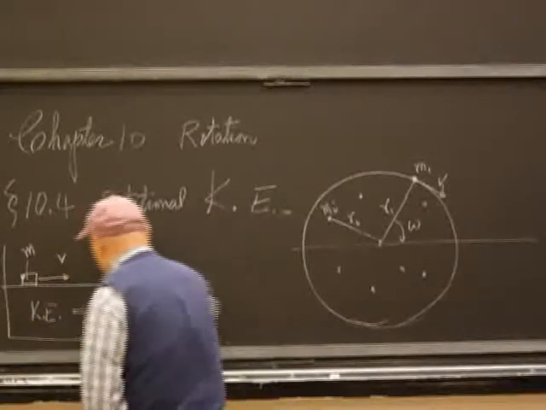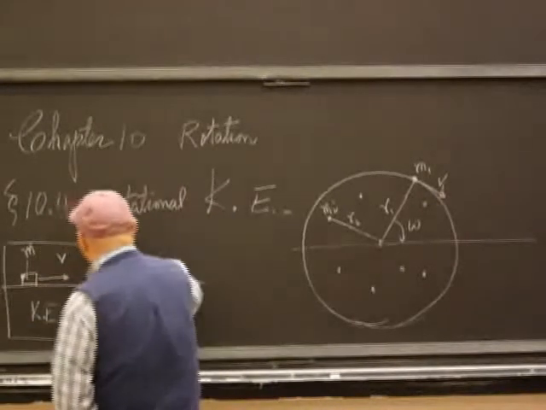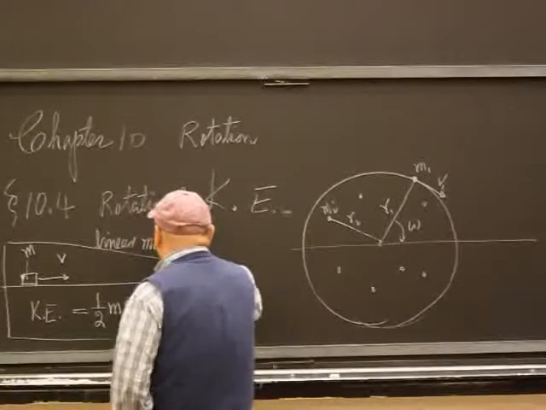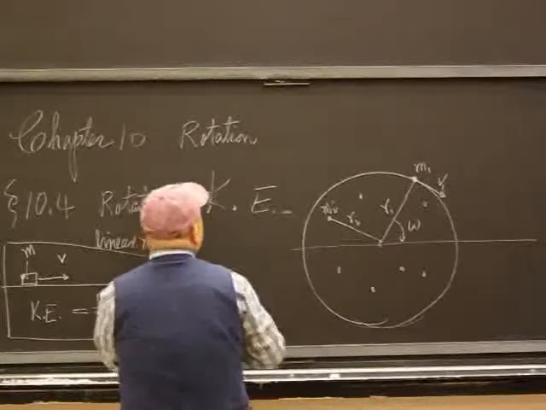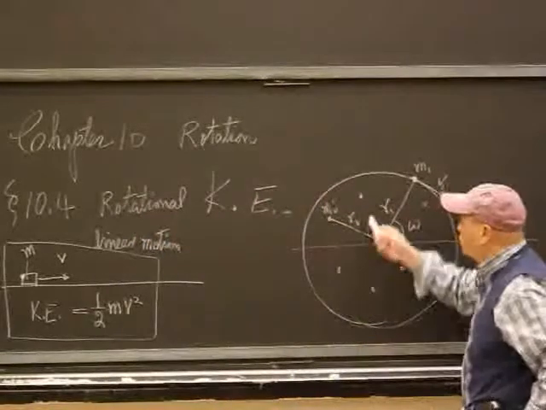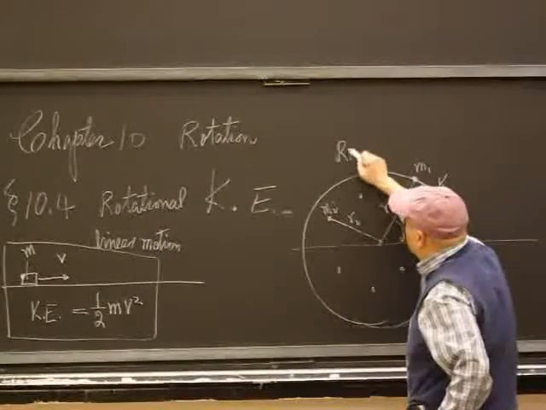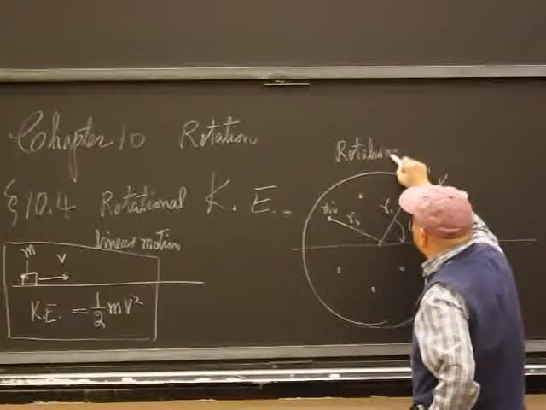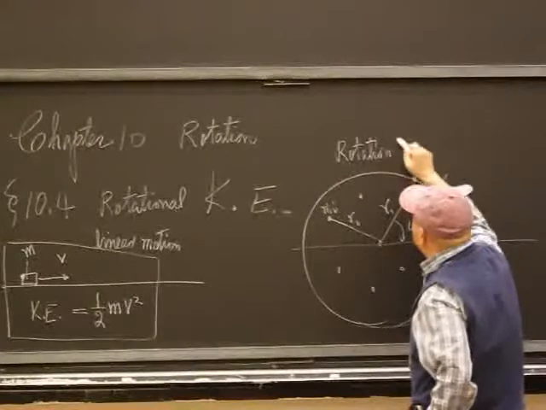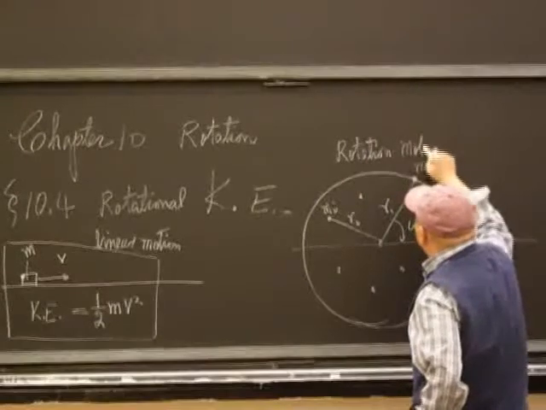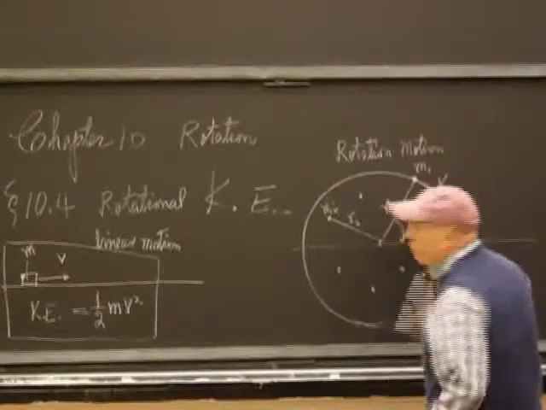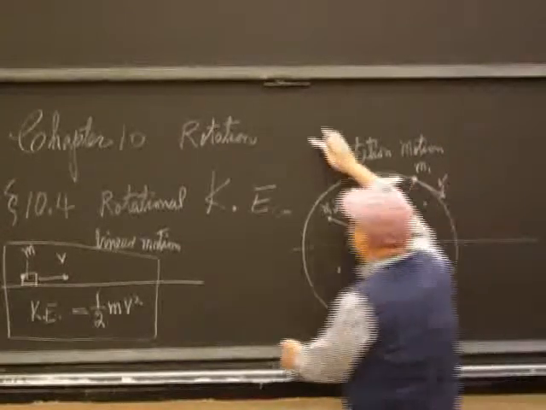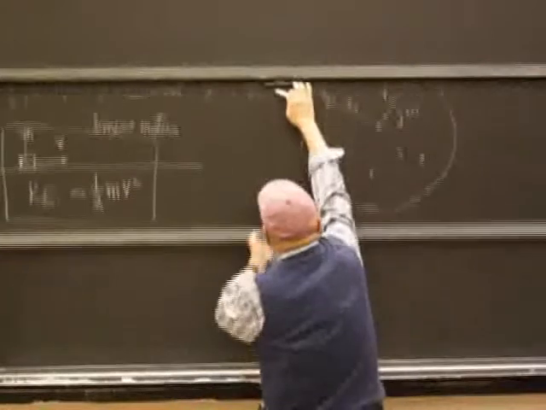So this is considered linear motion. In rotation motion, we cannot single out any one point anymore. They are grouped together.